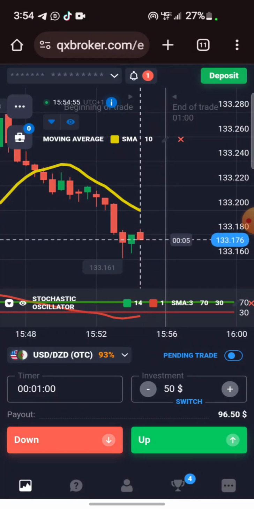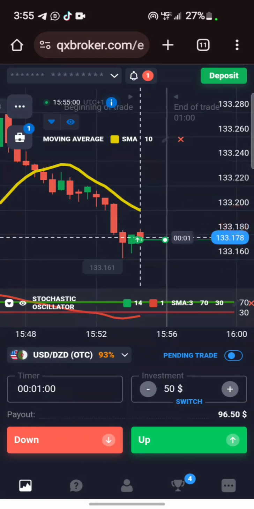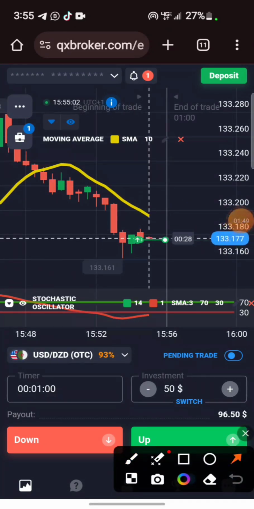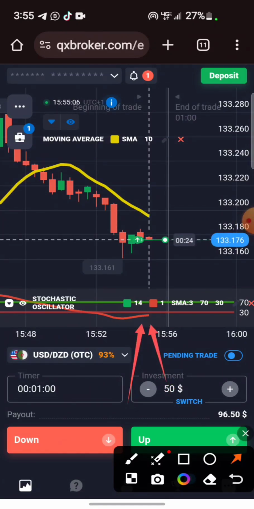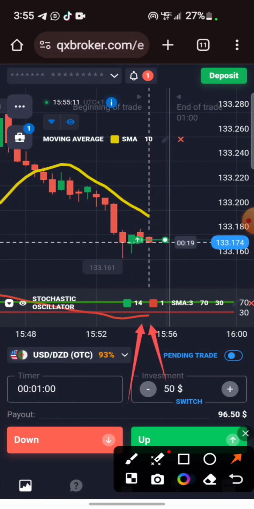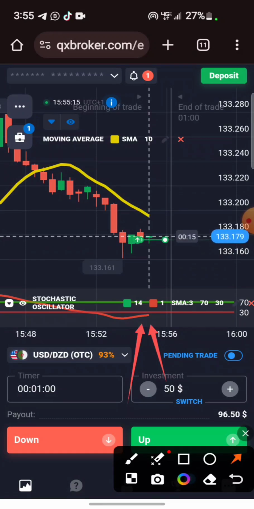At this point, we are going to go up for 1 minute, and let me explain the reason why I decided to go up. Why? Because the moving average has started trying to face the bullish side. The tip has started forming to go up.